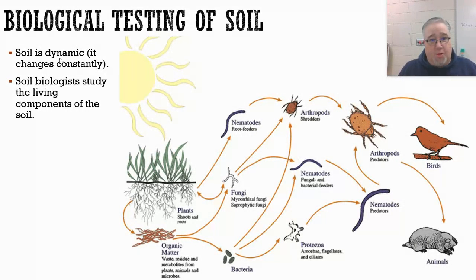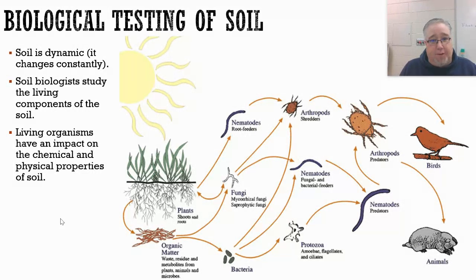One of the things that soil scientists look at is these organisms that are living there and how they change over time. For example, let's say a soil scientist is studying some soil, at least for the biological components of it. Let's say that the particular type of soil they're looking at has a lot of fungi in it.